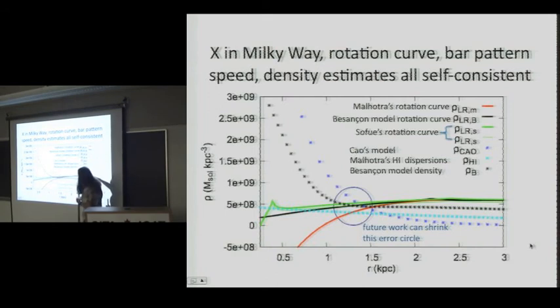Those two curves cross right there, which is actually about where people say the resonance is. These other curves are different ways of trying to get the same thing, but the Besançon model tells you that the resonance is at 1.3 kiloparsecs in our galaxy, and that's pretty much what people are seeing.